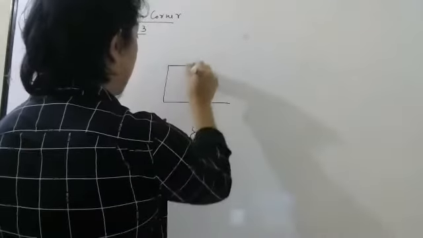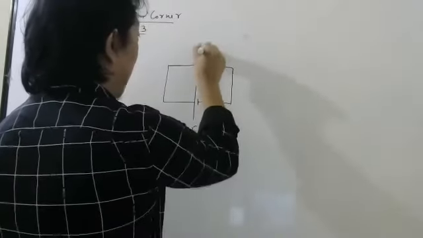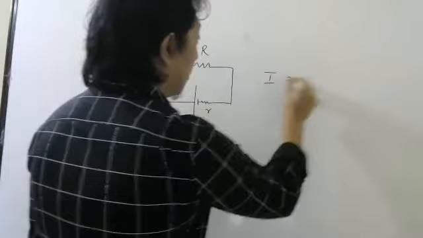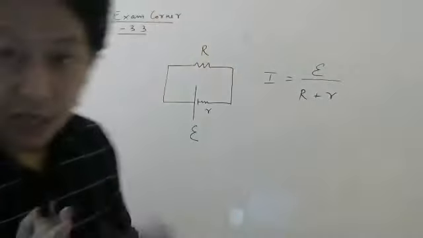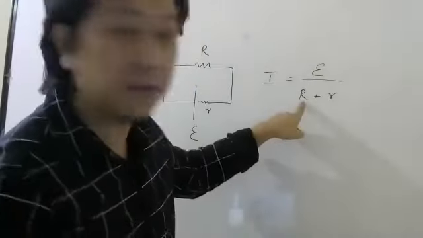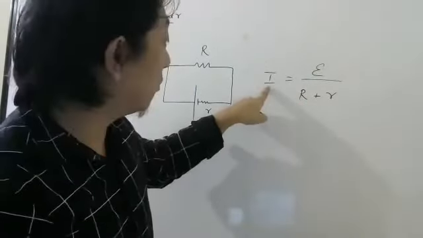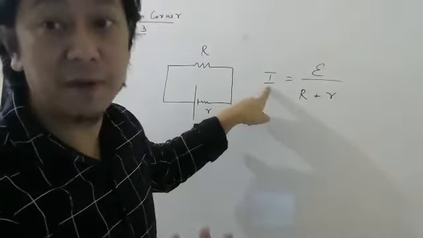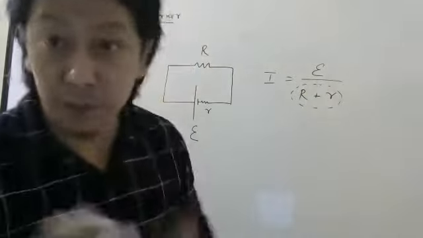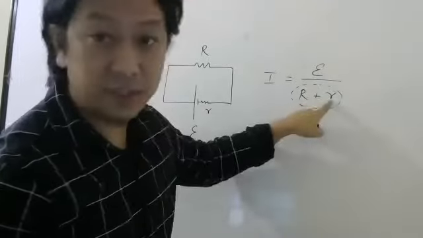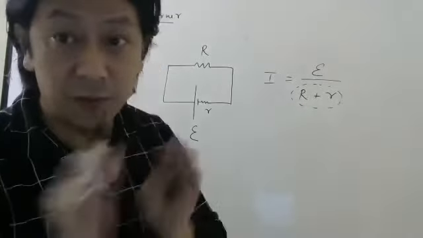That means whatever external resistance we put, let us say capital R, the current we know is E by R plus r, right? Now, since there is no condition given, for this current to be maximum, the denominator should be minimum. But internal resistance, though it is there with the battery, we cannot change.